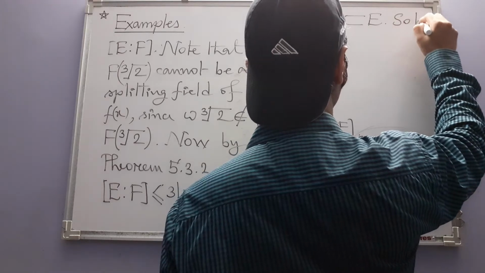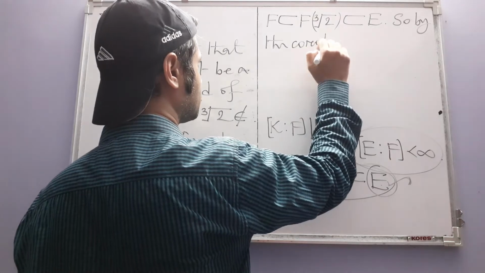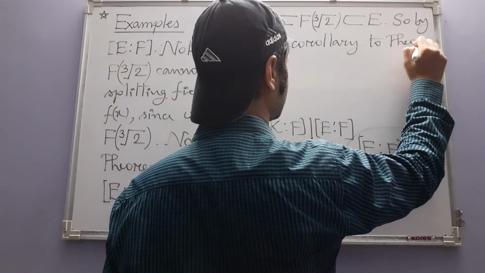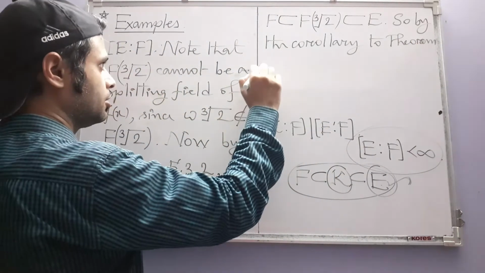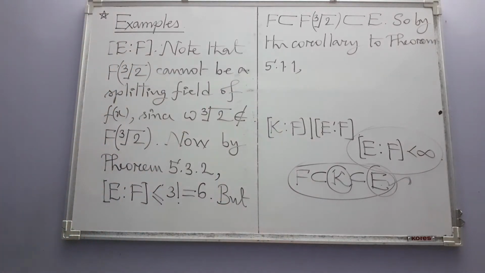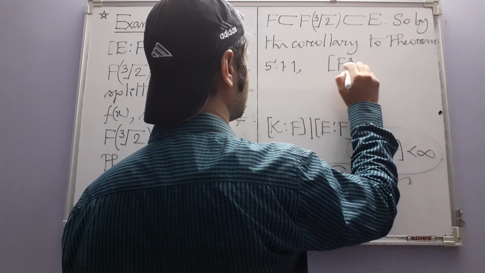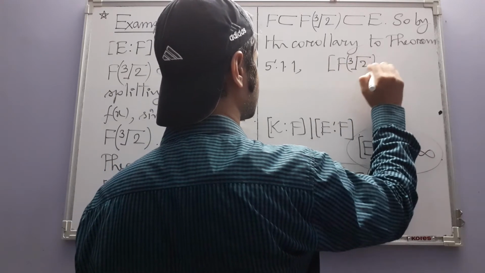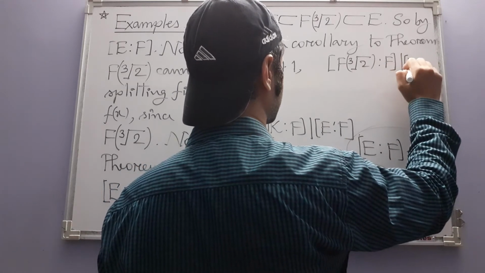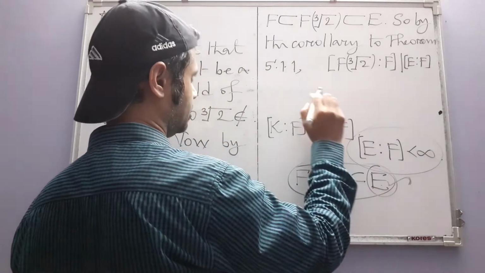By the corollary to theorem 5.1.1, the degree of this extension over F divides the degree of E over F, and we know what this degree is.